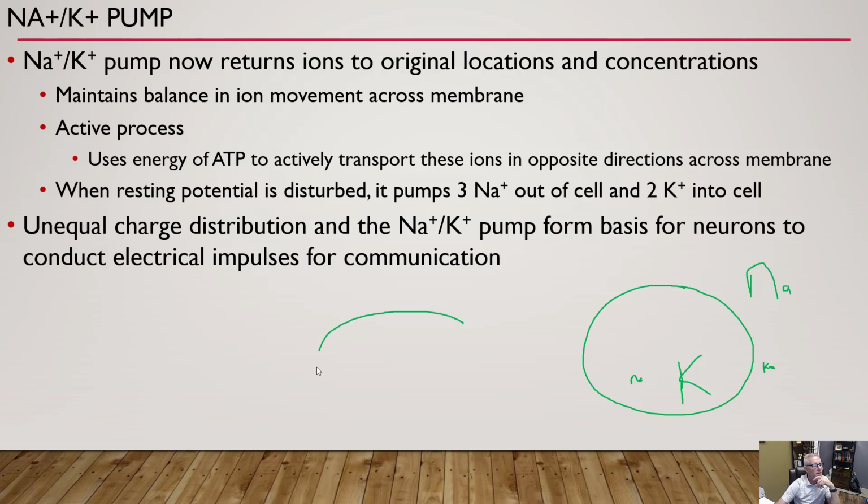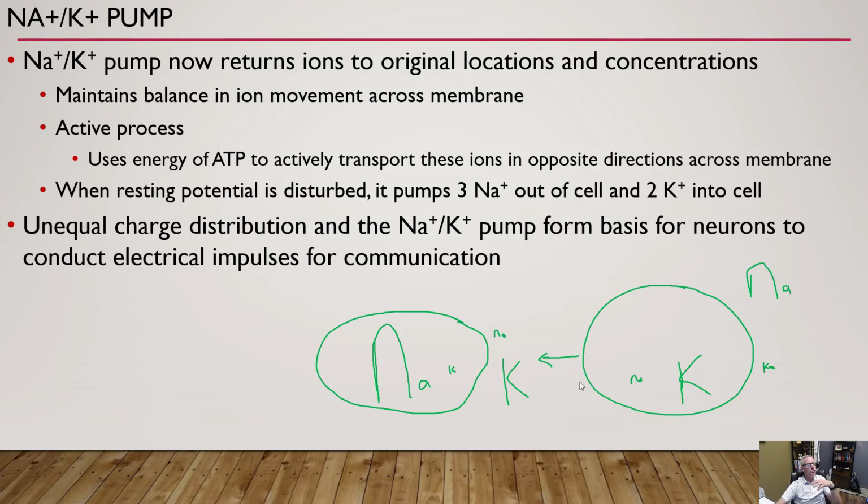But because of our action potential, remember that sodium rushed into the cell, so we actually have a higher concentration of sodium on the inside now compared to the outside, and potassium rushed out of the cell, so we actually have a higher concentration of potassium on the outside of the cell versus the inside.